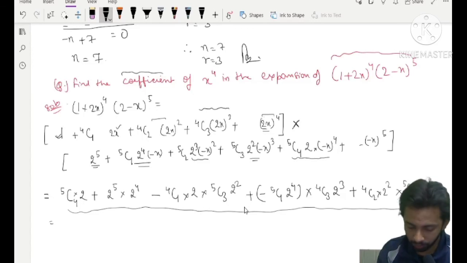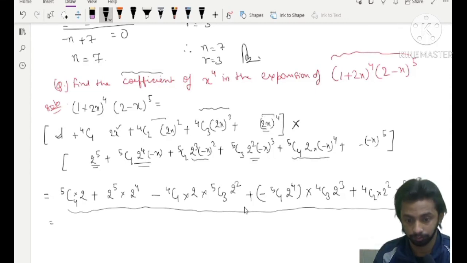5c4 into 2 plus 32 into 16, minus 4c1 into 2 into 5c3 into 4, minus 5c1 into 2 to the power 4, that is 16, into 4c3 into 8, plus 4c2 into 4 multiplied by 5c2 into 8.